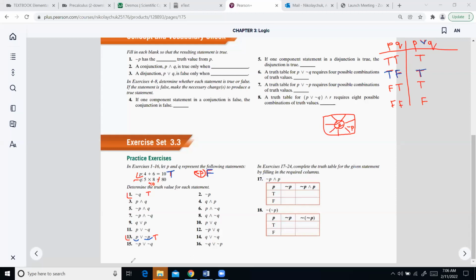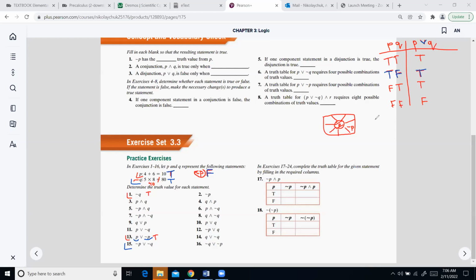And now I can try to do the next one, exercise number 15. So in exercise number 15, again, I need to prepare myself a little bit. And we got a pair of statements here. We already know that not Q was worked out before, and not Q was a true statement, right?